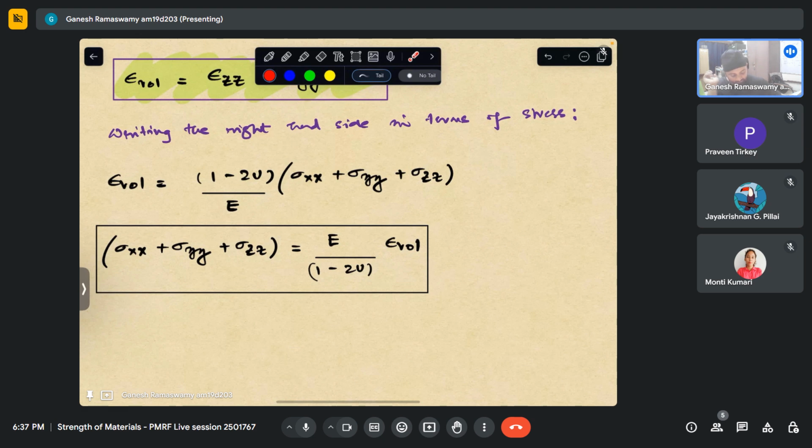So in this equation, what it is saying is that when it is subjected to stresses, there are no volumetric strains, which means this is shooting up to a very large value. It is extremely stiff. So it is not allowing any volumetric strain to happen.